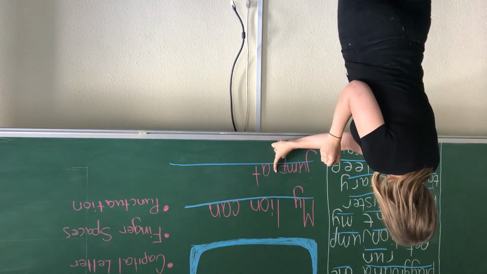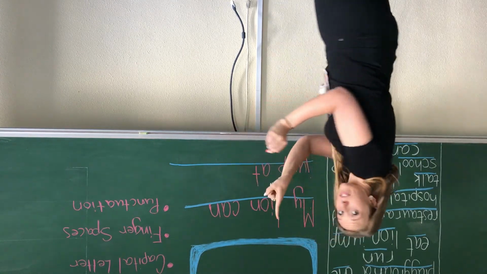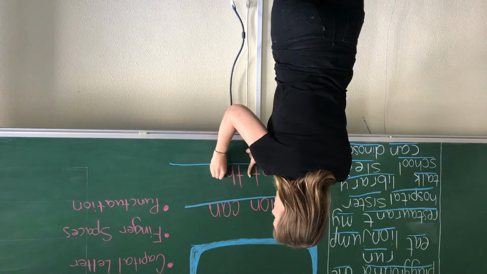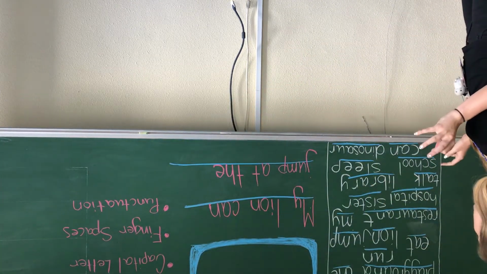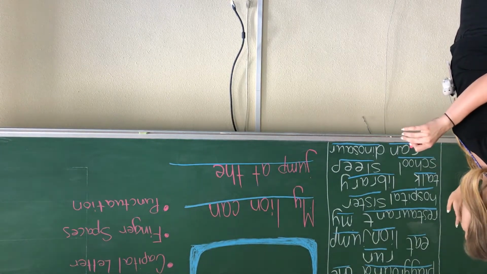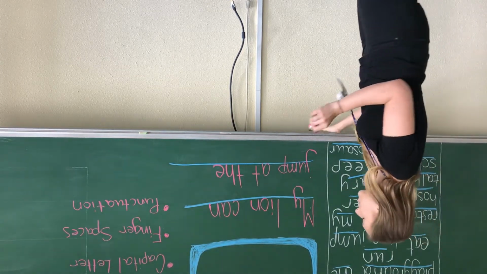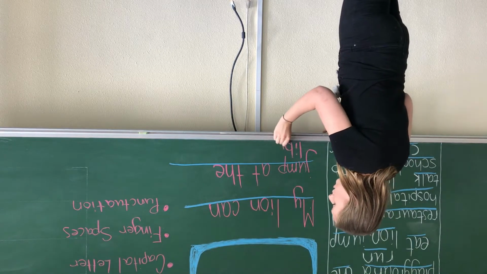The. I know how, oh, there it is, the. Finger space, don't forget, finger space. The. At the, there's a lot of choices where we have. I'm going to choose to do the library. Kind of silly. Library.